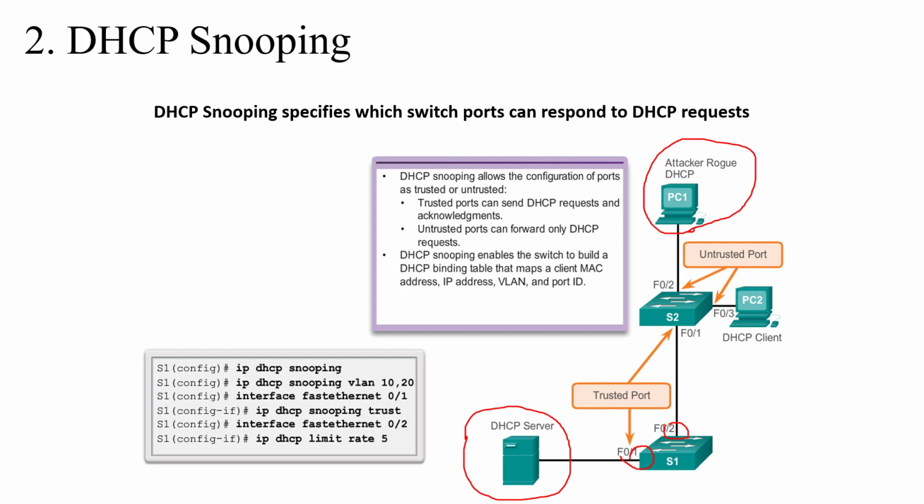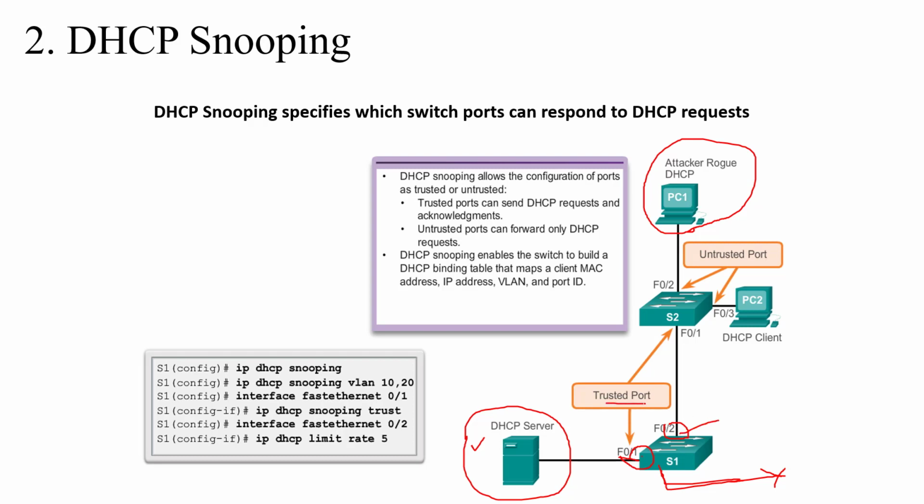So this is at port level. You see this FastEthernet 0/1, it is connected to the DHCP server. So I'm going to allow FastEthernet 0/1 to respond to the DHCP request. If any DHCP request comes to FastEthernet 0/1, I'm going to allow it to give the response. Same with 0/2, I'm going to make this also.